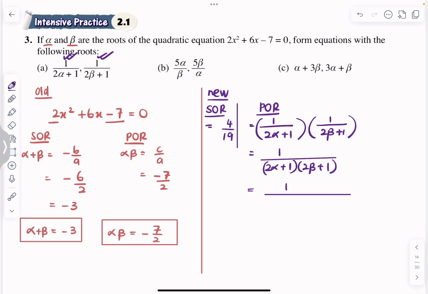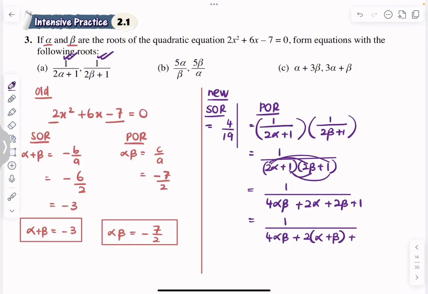So 2 alpha times 2 beta gives 4 alpha beta plus 2 alpha plus 2 beta plus 1. This can be factorized into 4 alpha beta plus 2 times alpha plus beta plus 1. Then we sub in the values. We know alpha beta is negative 7 over 2, alpha plus beta is negative 3.